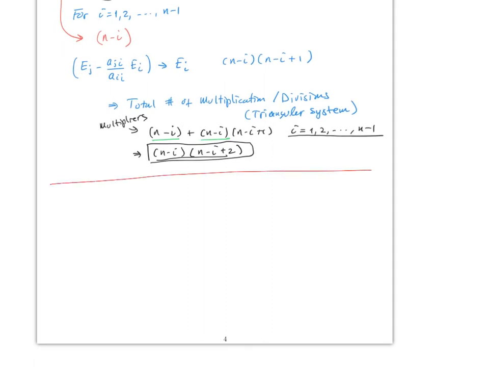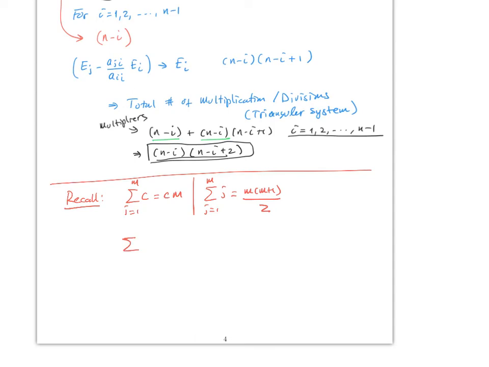Now, before we add all the values, recall that the sum from j equals 1 to m of any constant is just a constant times m. That's one of the formulas from calculus 1. Also, the sum from j equals 1 to m of j is equal to m times m plus 1 over 2.